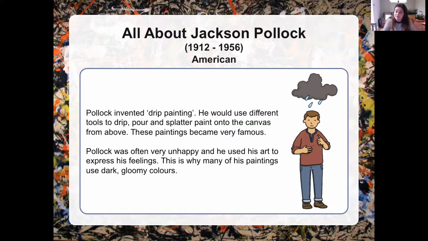And this is why many of his paintings use dark and gloomy colours. So if I said to you, what colours do you think represent dark and gloomy feelings? What colours would you expect to see in his pictures? Perhaps greys, dark blues, dark reds, variations of colours that are a lot darker, perhaps mixed with a slight dash of black to really draw out those feelings that he had.